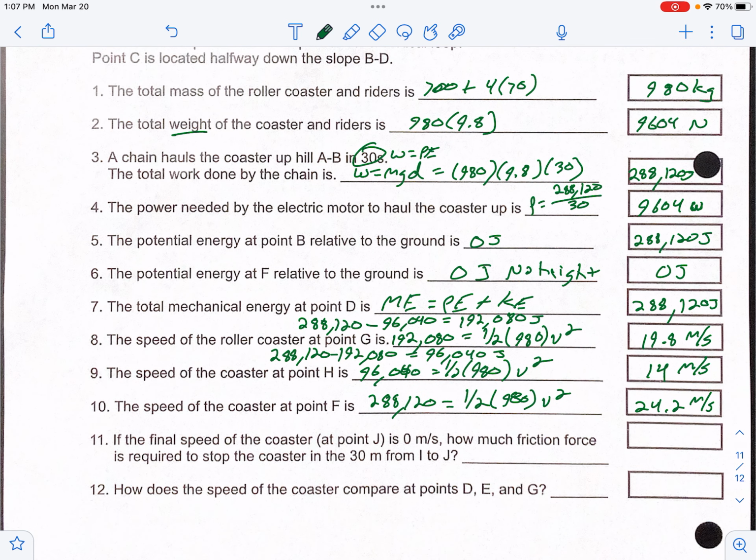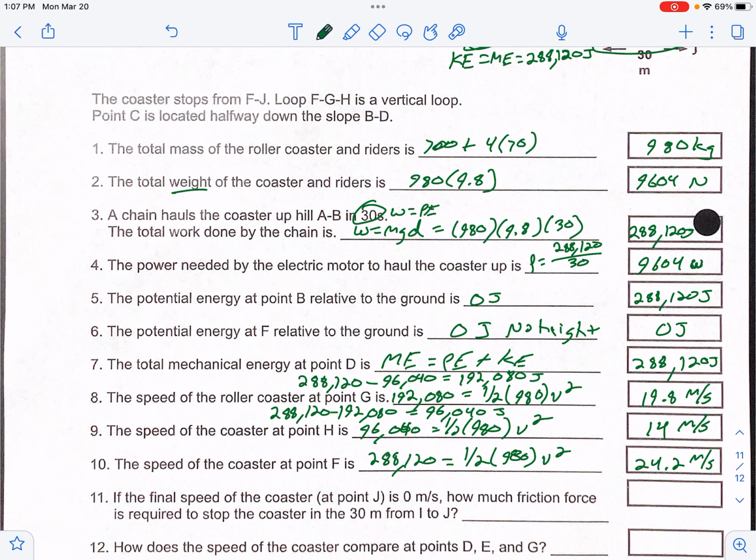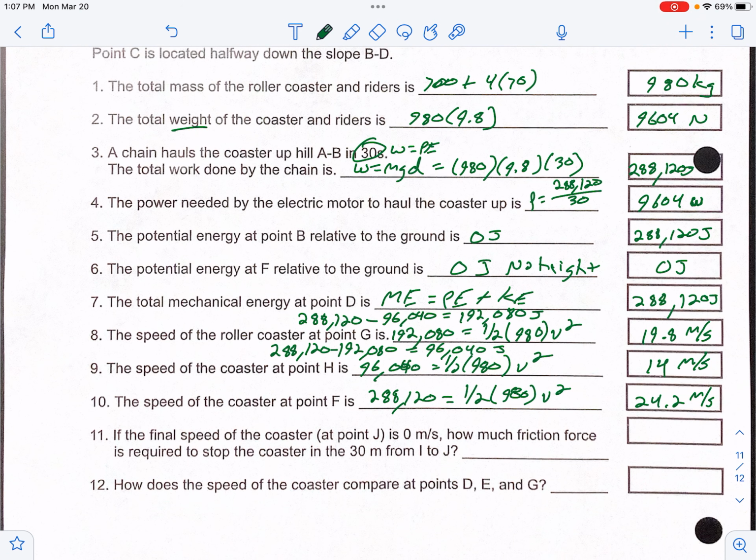11. If the final speed of the coaster at point J is 0 meters per second, how much friction is required to stop the coaster in 30 meters from I to J? So we're going to figure out how much friction is here to stop it. Well, I know that I have 288,120 joules of energy to stop. So remember, work equals force times distance.